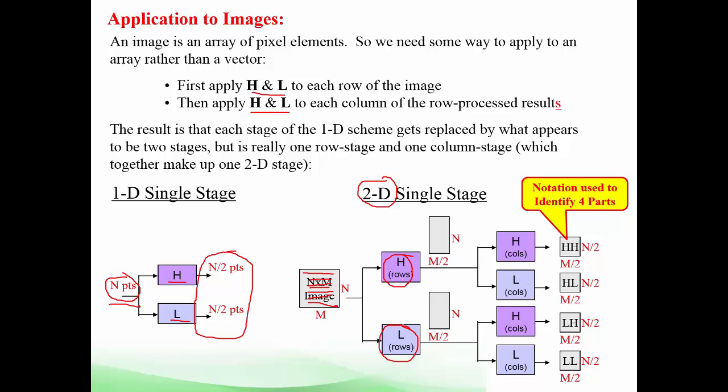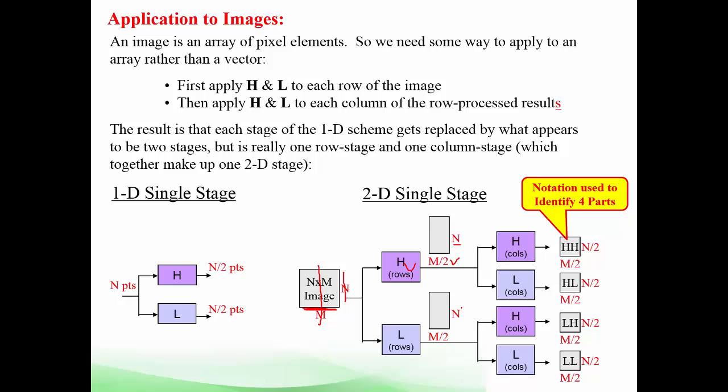Now remember, that cuts them in half. So we started off with, let me clear this here, we started off with an n by m. So we've got n down this way, m this way. So it's this direction that the elements are going into here. So this is going to cut in half. So over here we still have n rows, but we now have m over 2 columns.